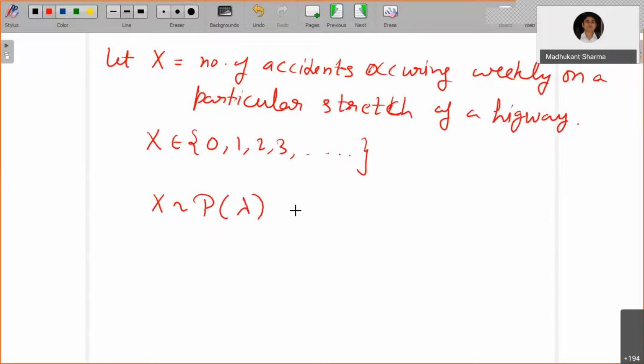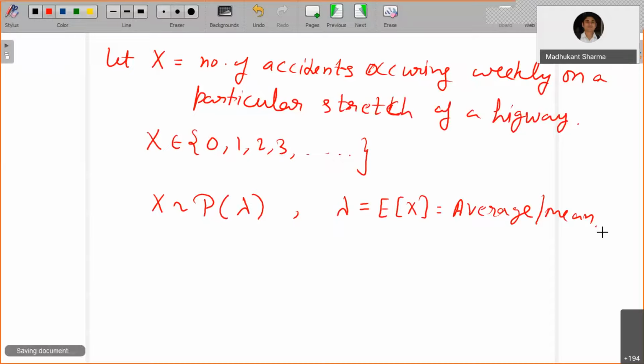Lambda in the Poisson distribution is nothing but the expectation value of X, the mean or average. Both are the same thing, synonyms. It is given in the question that the average number of accidents is 3, so we take lambda as 3.